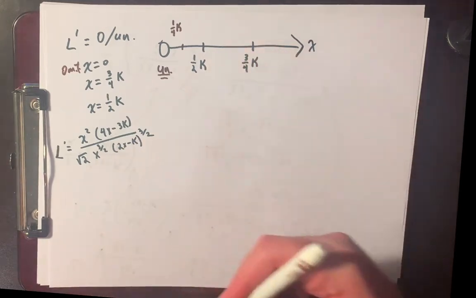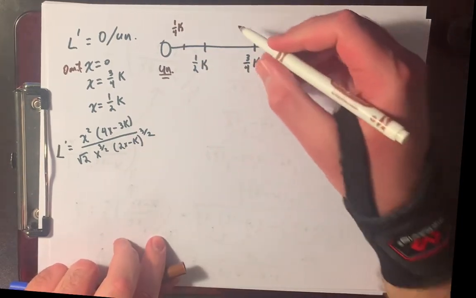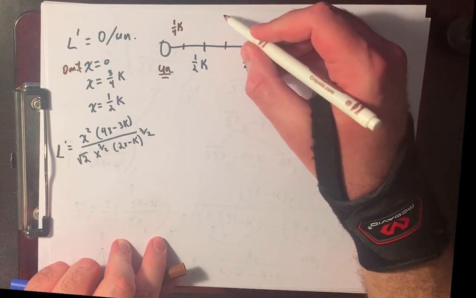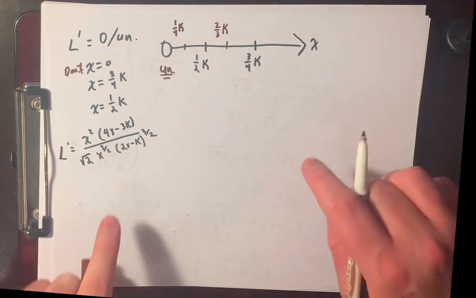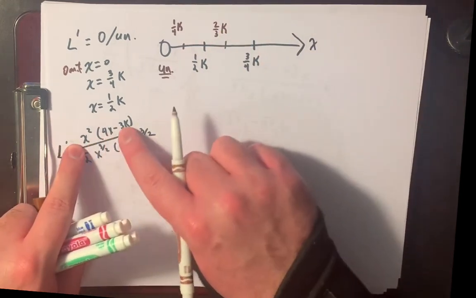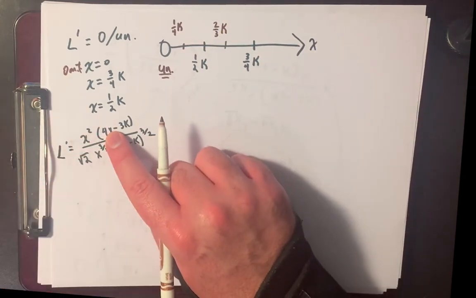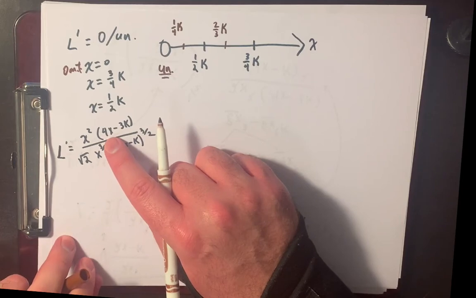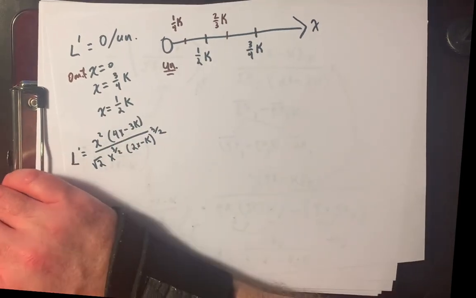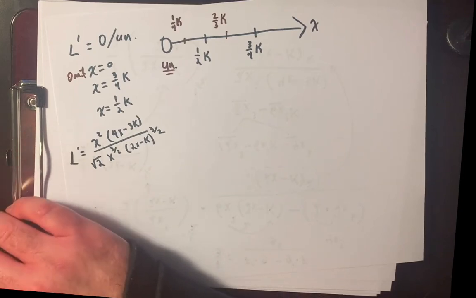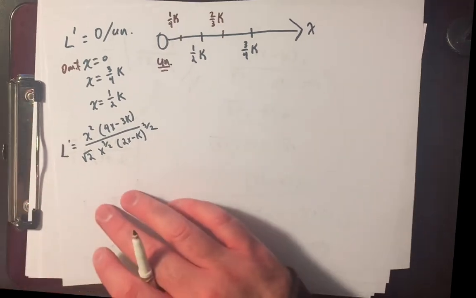So let's move on. Let's pick a number between 1/2 k and 3/4 k. I'll say 2/3 of k. Well, for the top value, 2/3 times 4 gives me 2.667.